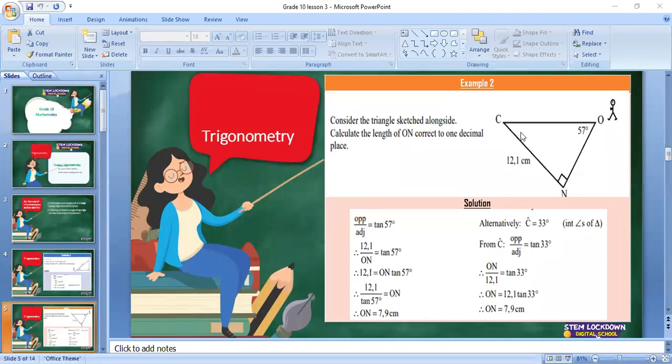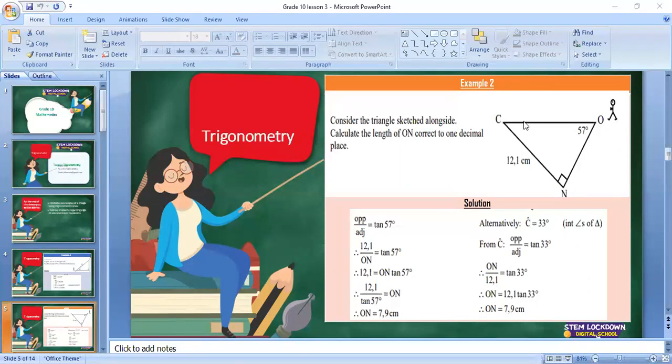But now we are looking from the C angle. From the C angle, this will be our opposite, and this will be our adjacent. The hypotenuse doesn't change based on where the angle is. When the angle is there, your opposite will be here. If the angle is there, then your opposite will be here.